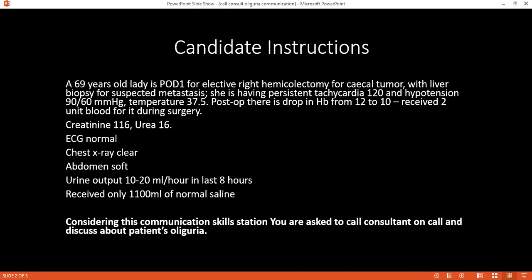And what is your plan about liver metastasis? What is your protocol if there is liver metastasis in a colon tumor? Okay, if there is liver metastasis, I will discuss the patient in the multidisciplinary team so that we'll be able to decide on the next course of action.